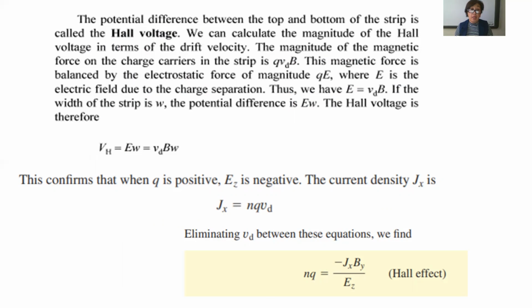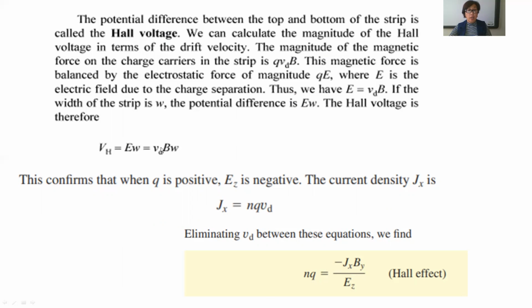Here this is the Hall voltage. Therefore, if the width of the strip is W, the potential difference, the Hall voltage, is the electrical field multiplied by the width W, that is B multiplied by the drift velocity.